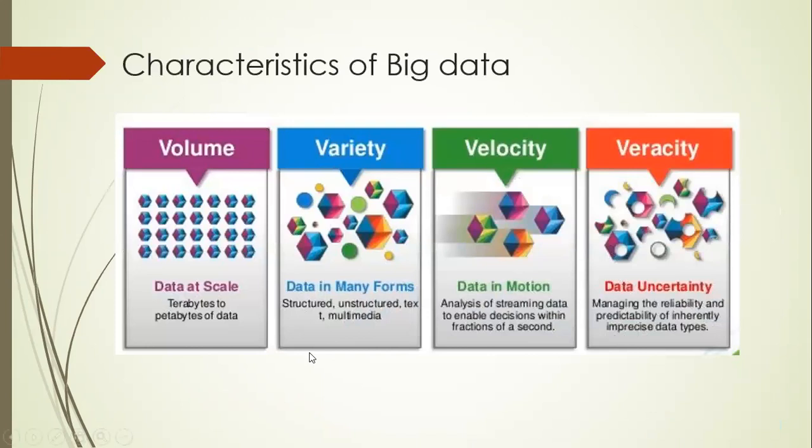So what are the characteristics of big data? As the name itself dictates, volume: it has nearly petabytes or terabytes of data. And variety. In early days we used to work only on text files, only on structured data.